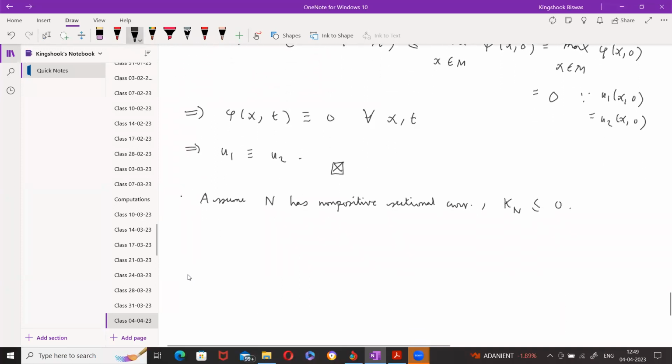So then let U be a solution on M cross the interval closed 0, open T. So let this be a solution to the heat flow.